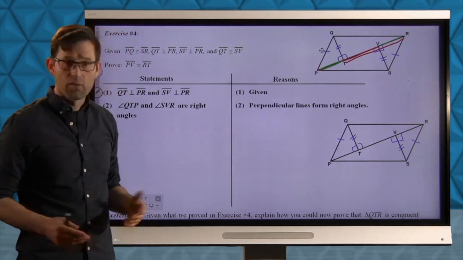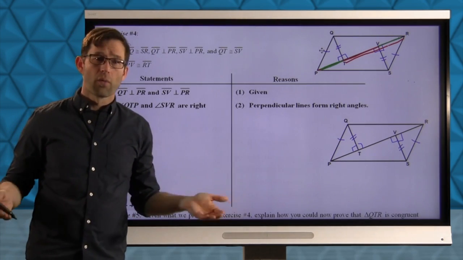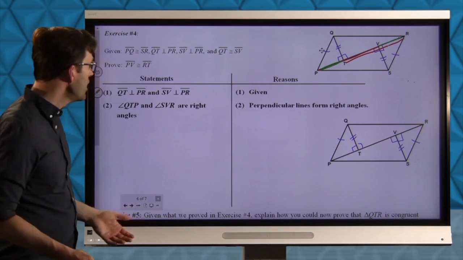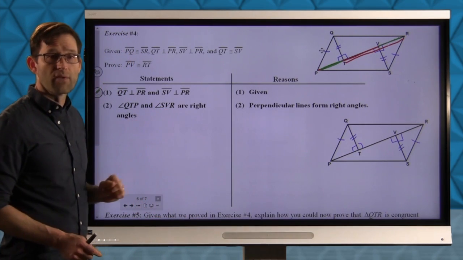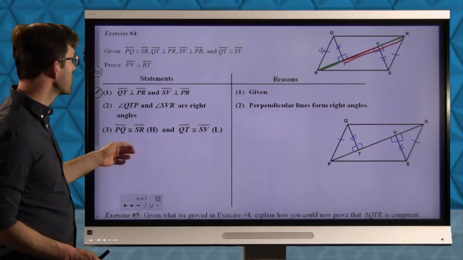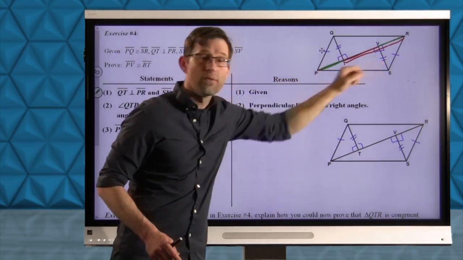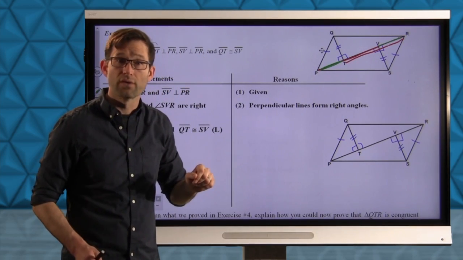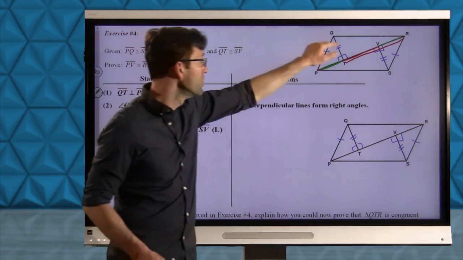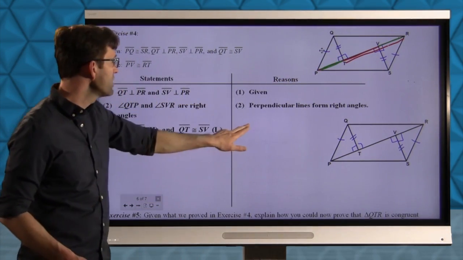That's an easy enough reason. Perpendicular lines form right angles, or perpendicular segments form right angles, or whatever. This is all I need to establish that I've got two right triangles. Then I can say that PQ is congruent to SR. That's here and here, and those are the hypotenuses of those two little right triangles. And I can say that QT is congruent to SV, and those are the legs.